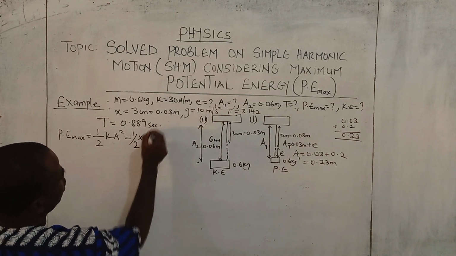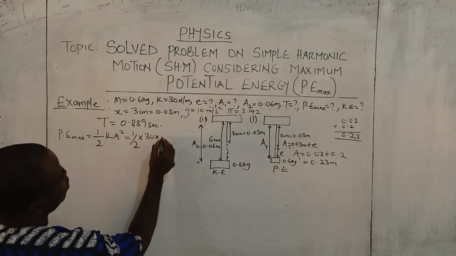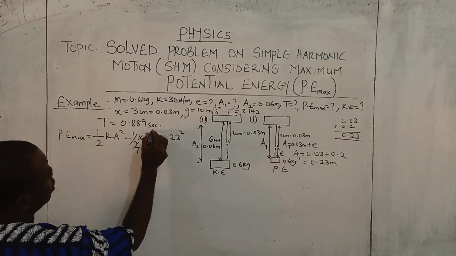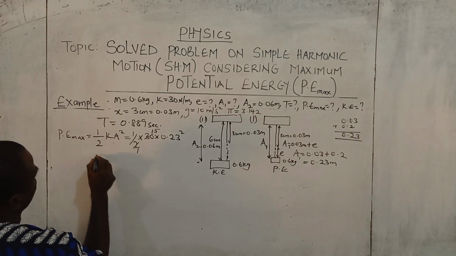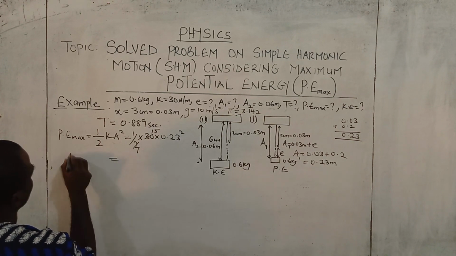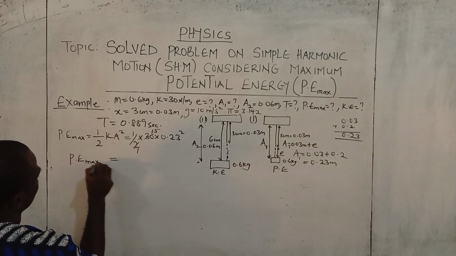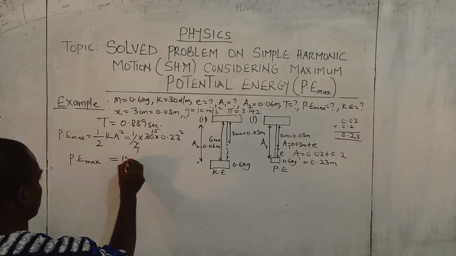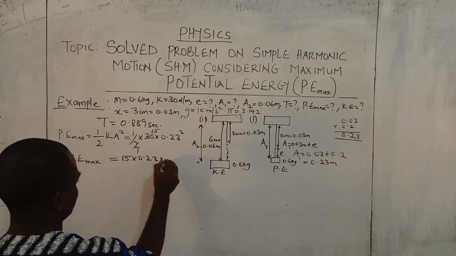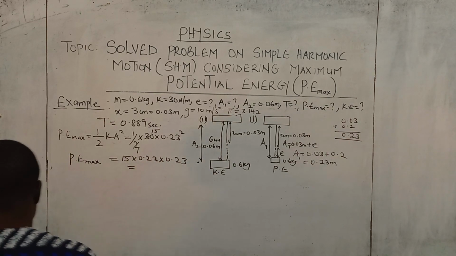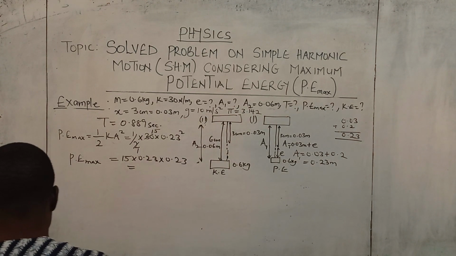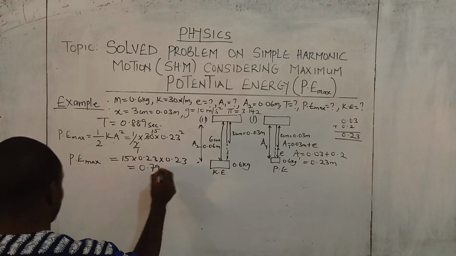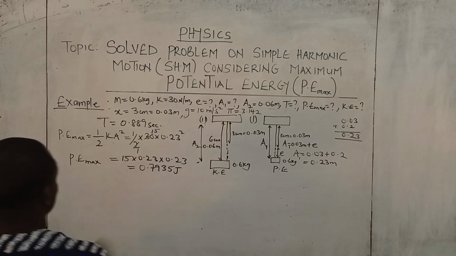Half times k, 30, times 0.23 squared. 2 into 1, 2 into 30, 15. So the maximum potential energy equals 15 times 0.23 times 0.23. With a calculator, we'll get 0.7935. Don't forget the units, joules.